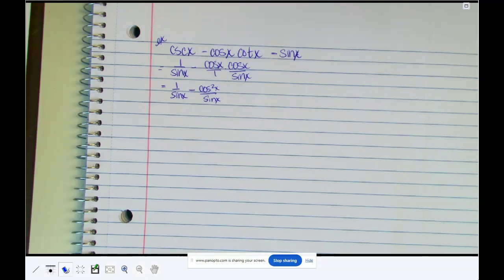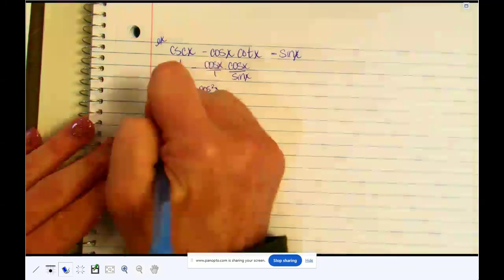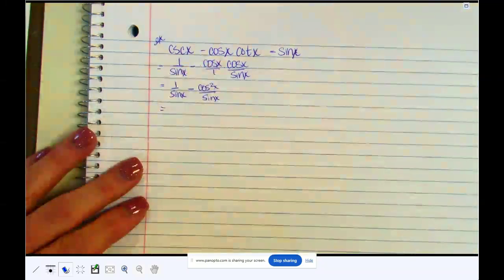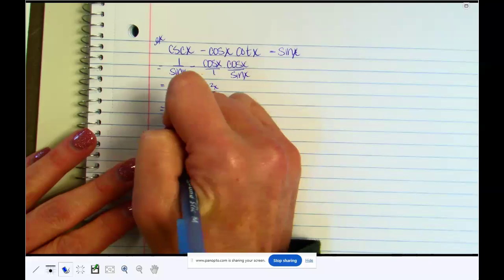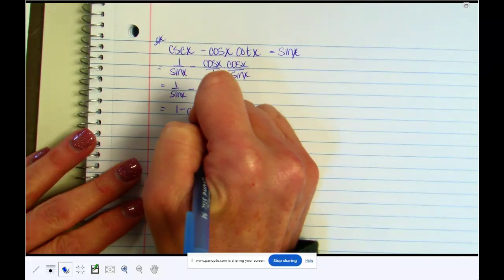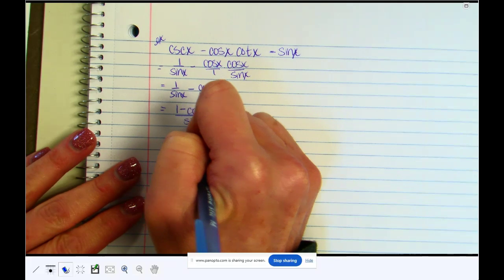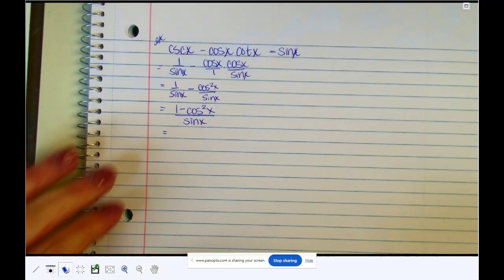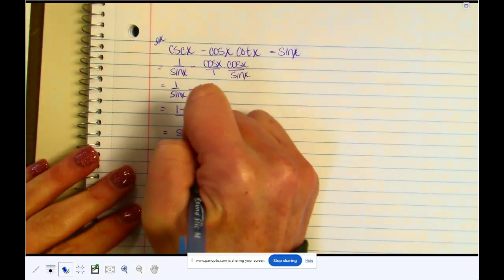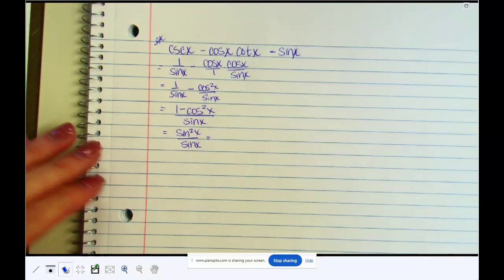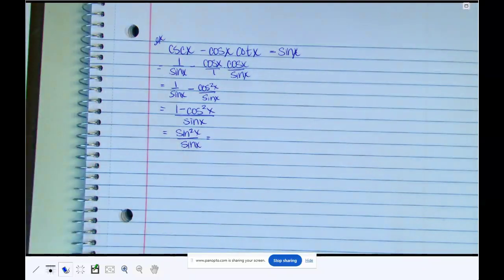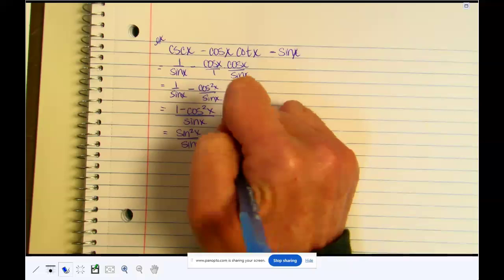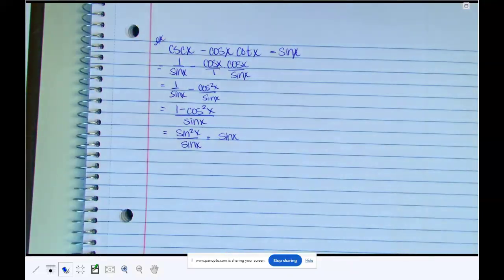So if you use the common denominator, what's on the top? 1 minus cosine squared. On the bottom is sine. Now, this is where life gets easy. What's 1 minus cosine squared? Sine squared. And then what's sine squared divided by sine? Sine. And you're done, because sine is sine.